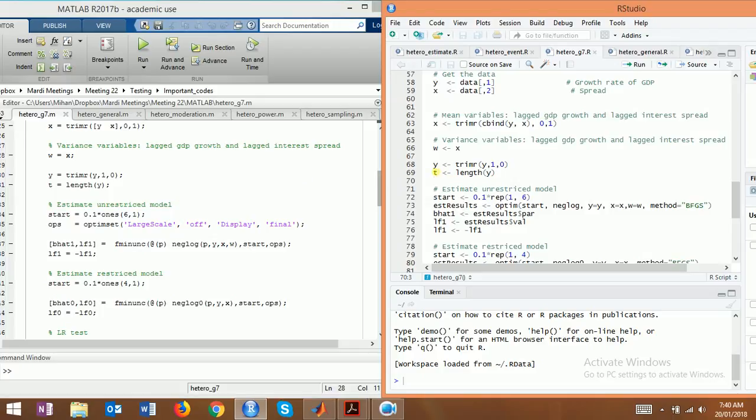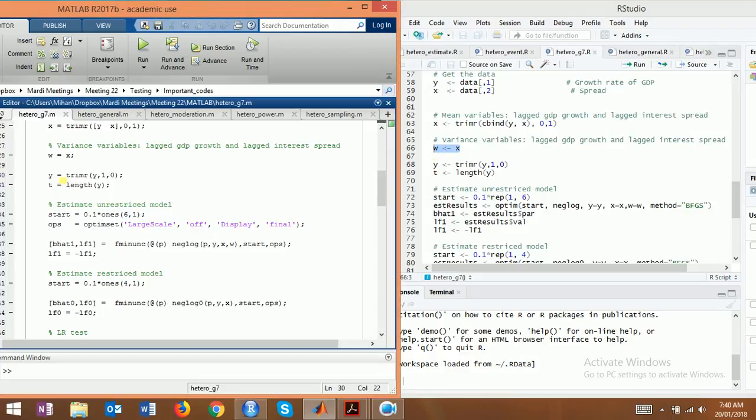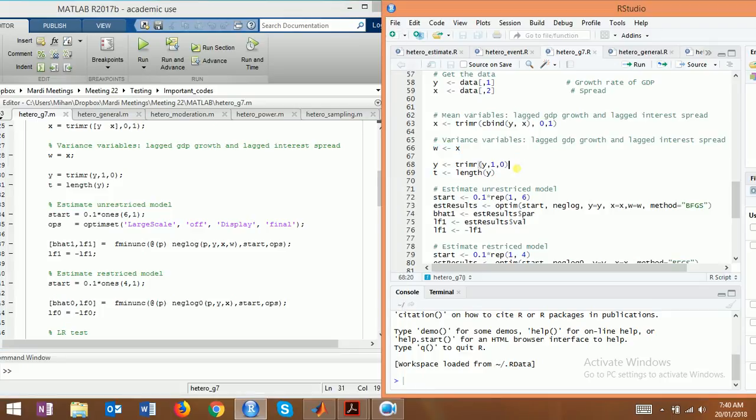And Y equals trimmer, because this is mentioned in our thesis that sometimes omega can be represented by W. Y equals trimmer Y10, because this is the lag GDP growth and lag interest spread, and this is not the lagged one, but just to match the dimension. YT minus 1 and XT minus 1. T is equal to length of Y.